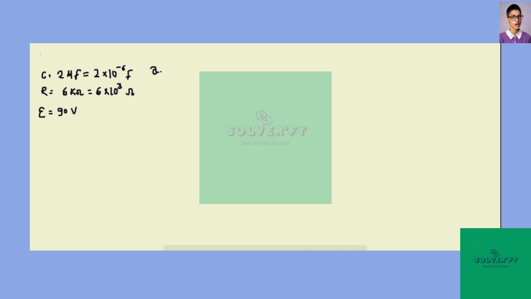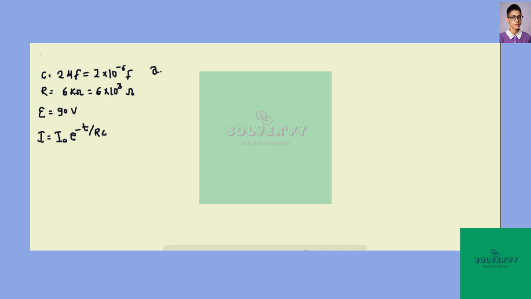So first, for the power dissipation, we need the current, right? So the current in an RC circuit is given by current I at any time t equals I naught e to the power minus t upon RC. I naught is the full current, the maximum current, at time t equal to 0, and R is the resistance, C is the capacitance, right?